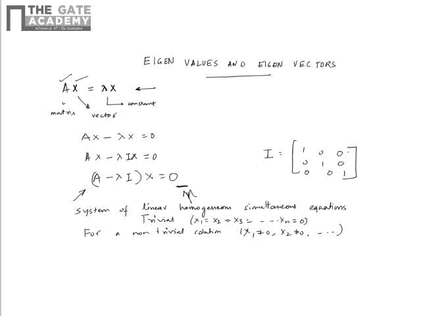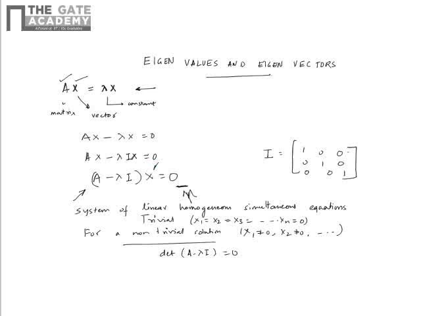We have already seen that when you have a homogeneous set of linear equations, for a non-trivial solution, the determinant of A minus lambda I has to be 0. That is for the eigenvector x. Let's be cautious here, I have not defined anything.